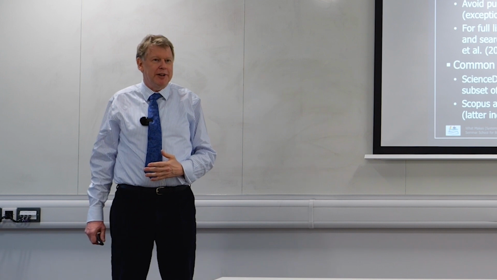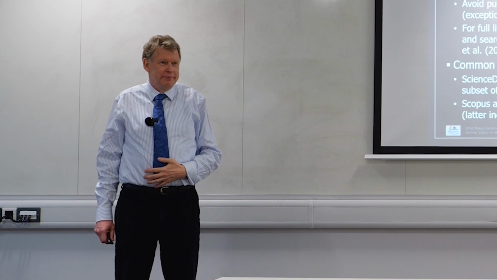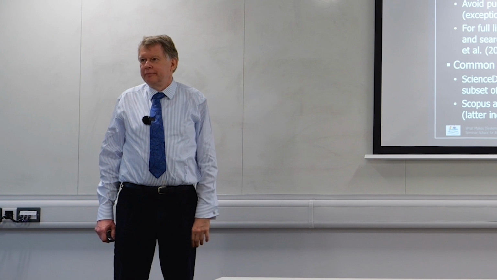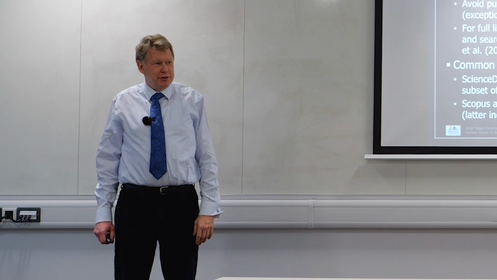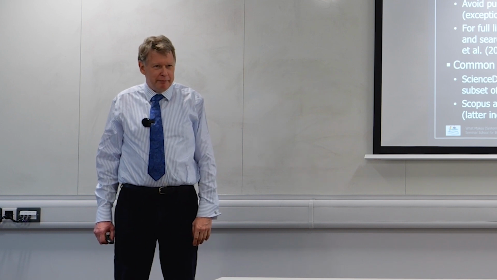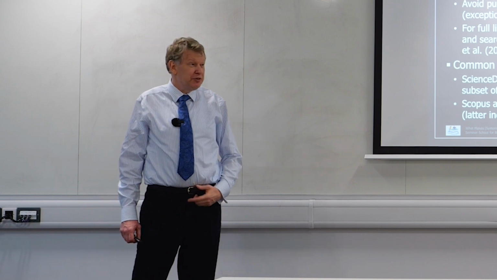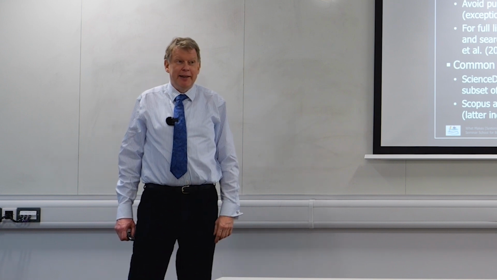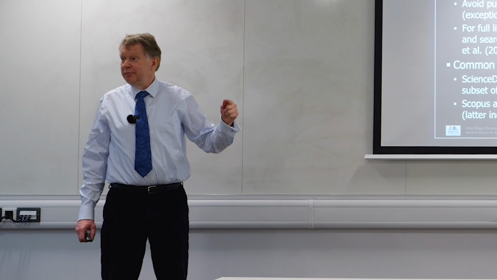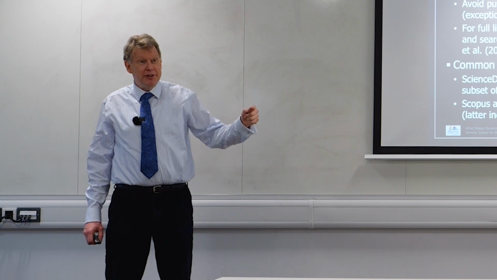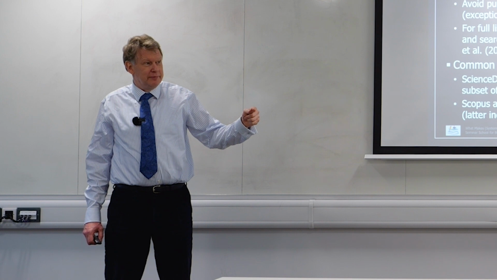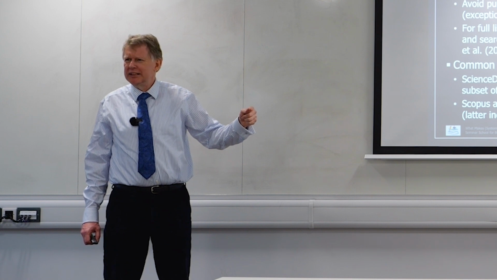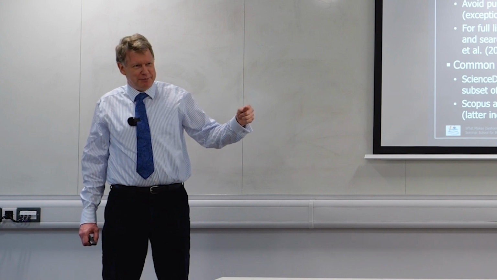How many publishers are there? I tried to do a count. I was moving in the direction of 200 publishers. If you're using Emerald Insight, you have to use the other 199 too. Who's going to do that here? I don't think we're that.